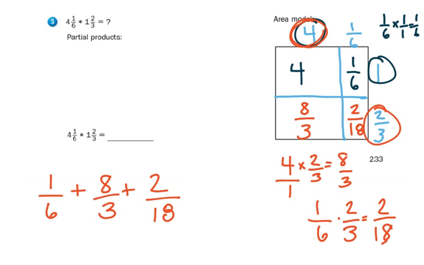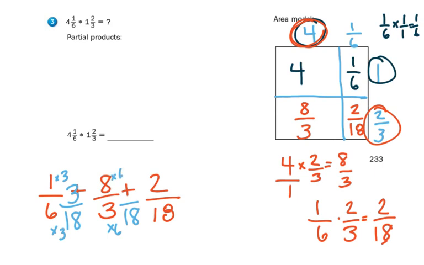So I can change each one of those to 18ths. So write 18ths next to 1/6 and 8/3. Multiply the bottom by 3. Multiply the top by 3. So 3/18 is the same as 1/6. 3 times 6 gives me 18.